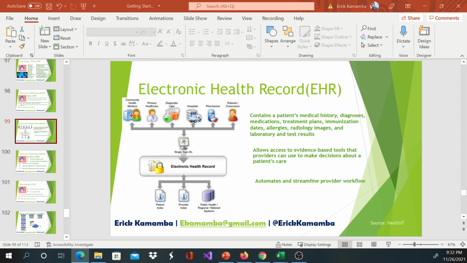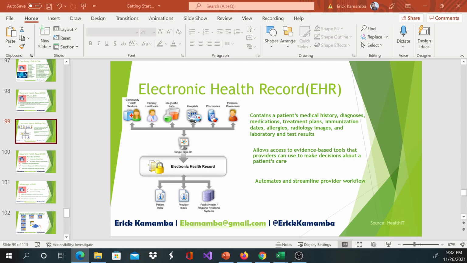EHRs are built to share information with other healthcare providers and organizations, such as laboratories, specialists, medical imaging facilities, pharmacies, emergency facilities, and school and workplace clinics. So they contain information from all clinicians involved in patient care.